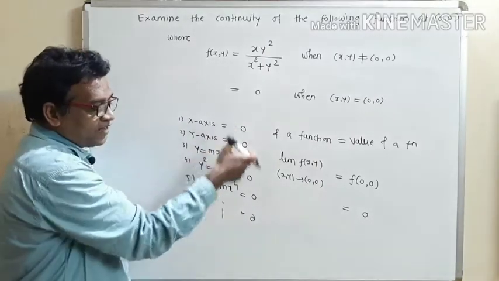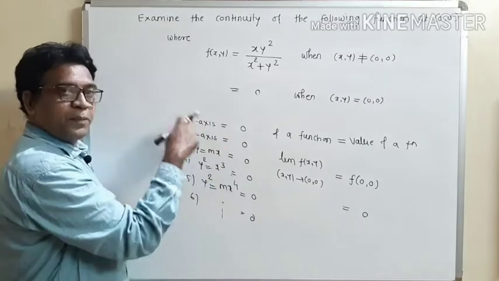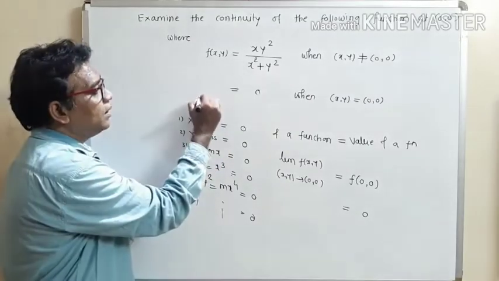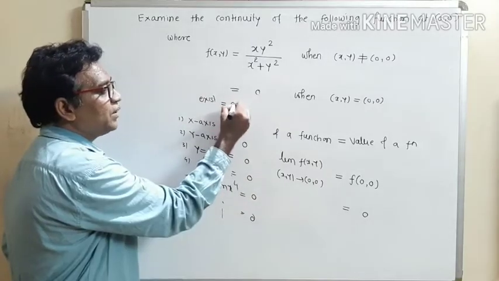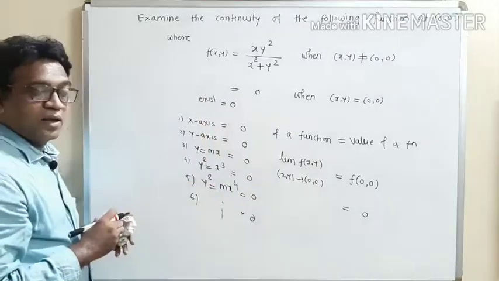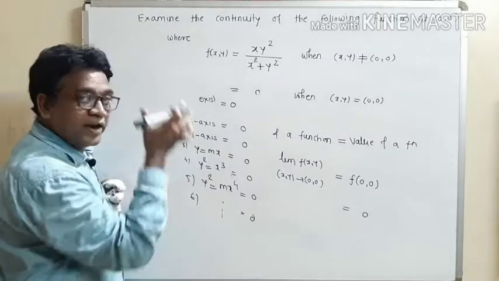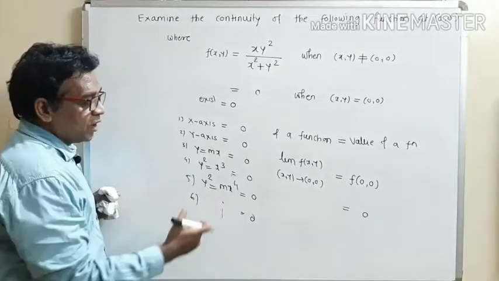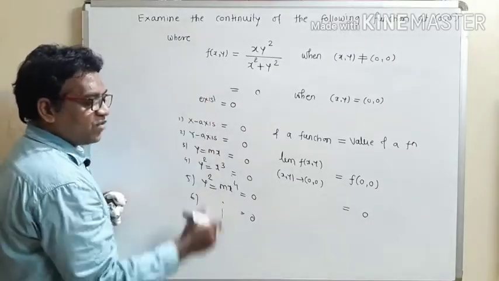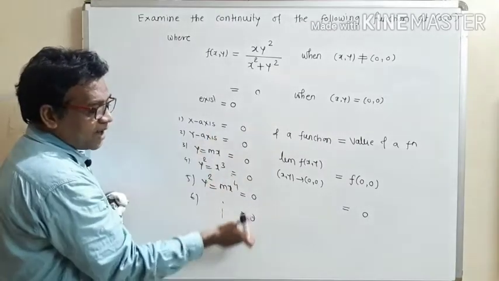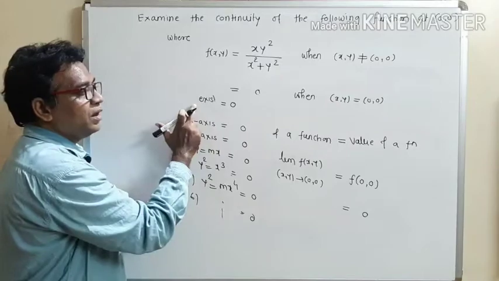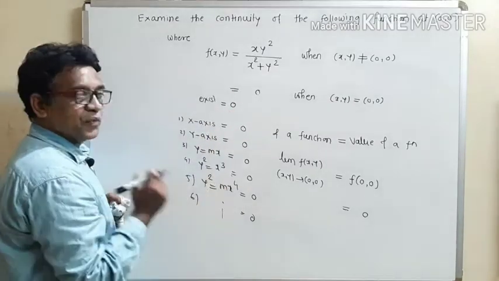So if the limits are equal along different paths, then we can say that the limit exists and it is given by this unique value, 0. See what is the process for finding the limit? Use different equations and get the limit. If the limits are the same, then we can say that the limit exists and it is unique.